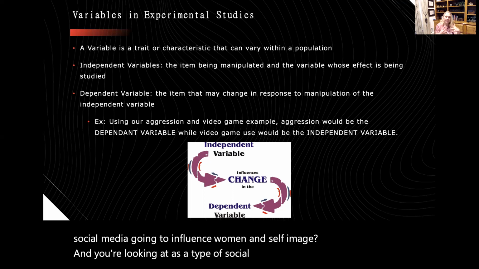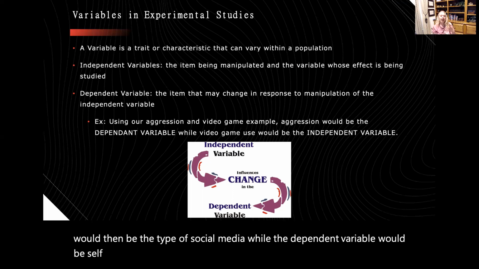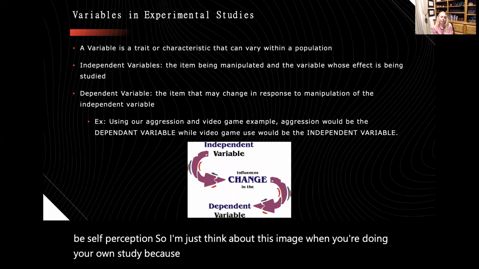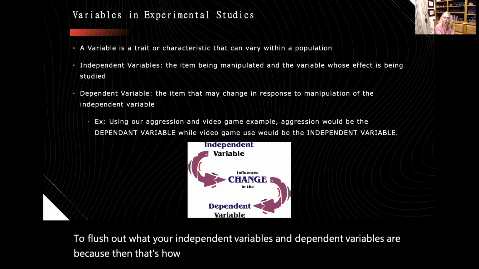So the independent variable would be the type of social media, while the dependent variable would be self-perception. Think about this image when you're doing your own study, because you will absolutely need to flesh out what your independent and dependent variables are, because that's how you know exactly what to go and find an assessment method for.